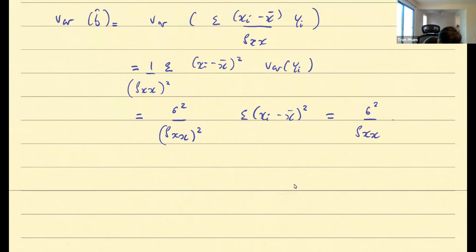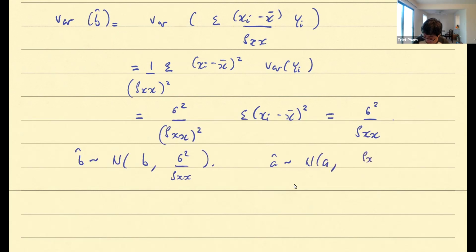What we conclude then is b hat is going to be normal with mean b and variance sigma squared over sxx. I won't do the work for a hat, but a hat will be normal with mean a and variance sxx plus n x bar squared times sigma squared divided by n sxx.